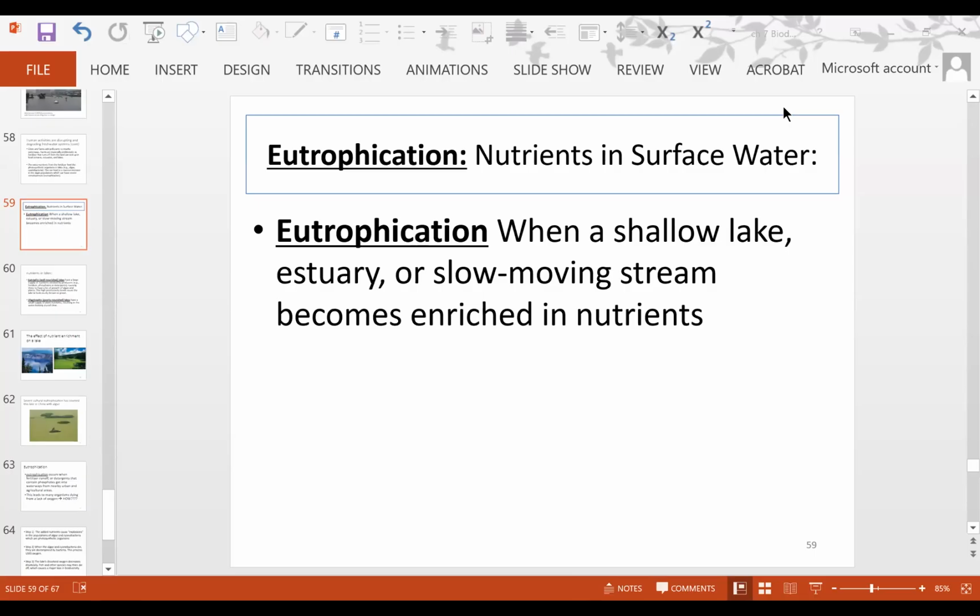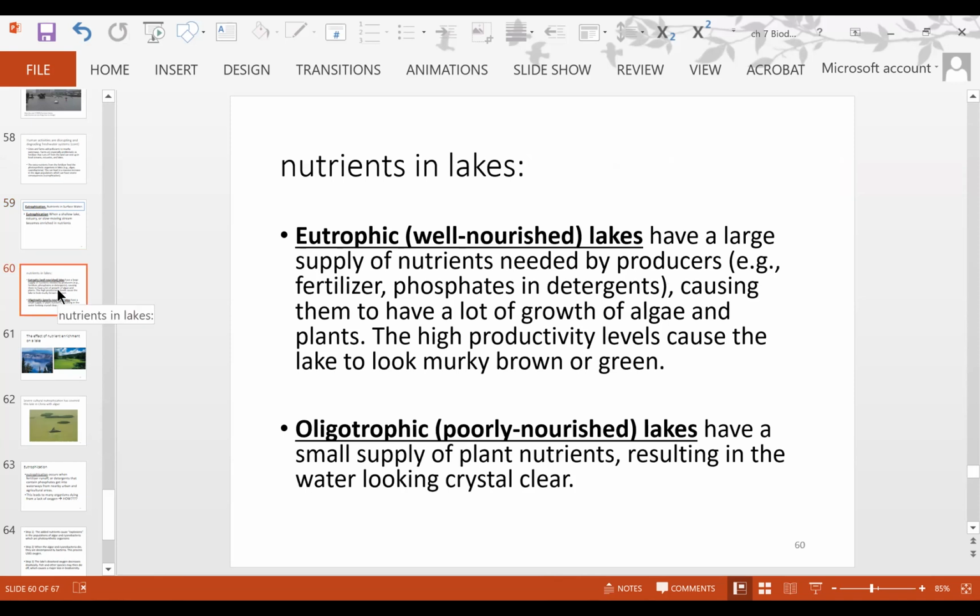So eutrophication is when a shallow lake, estuary, or a slow-moving stream becomes enriched in nutrients. So eutrophic is well-nourished, and oligotrophic is poorly nourished.